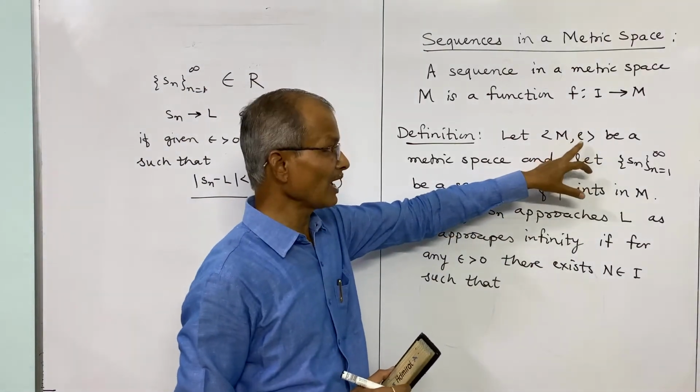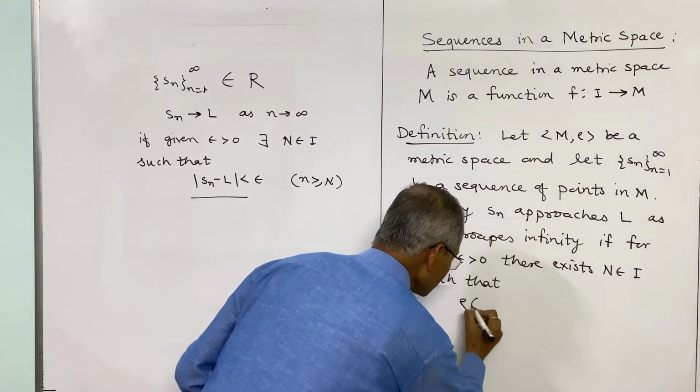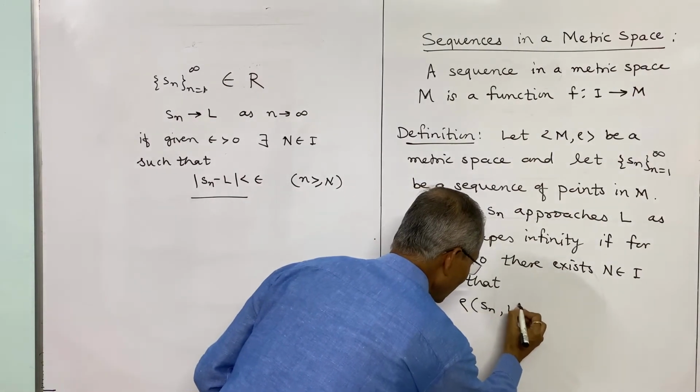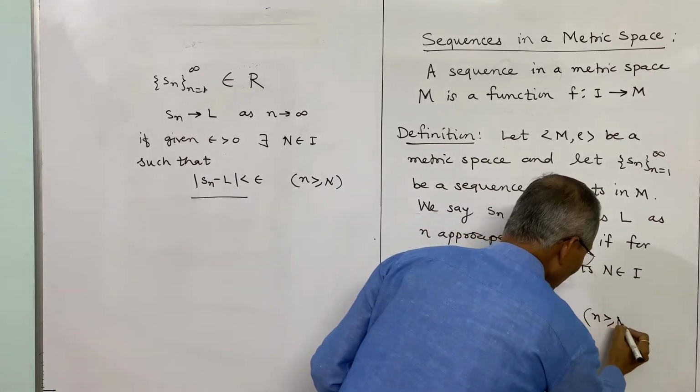It is denoted by rho of Sn and L, such that rho of Sn and L is less than epsilon for n greater than or equal to N.